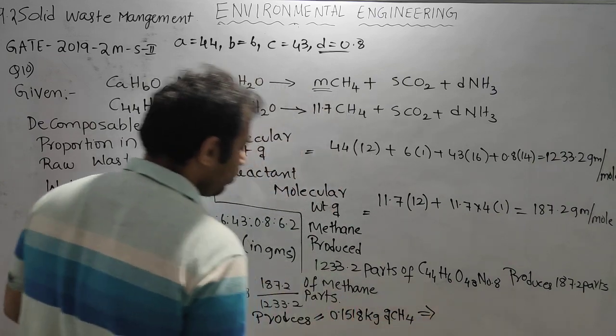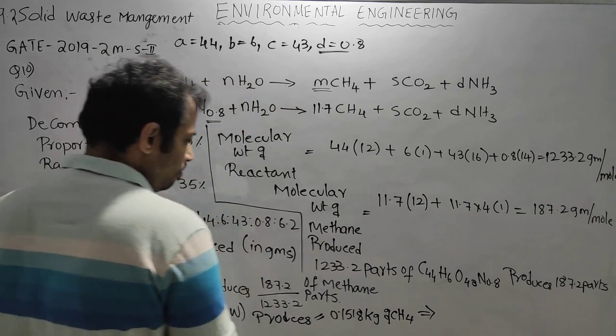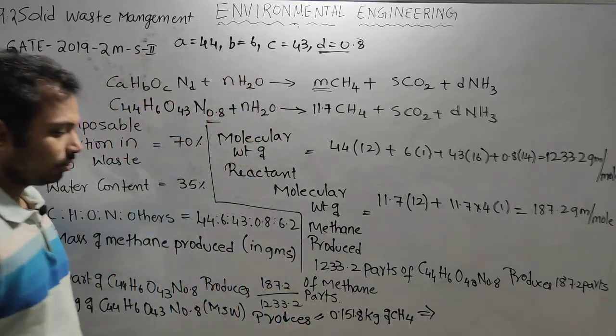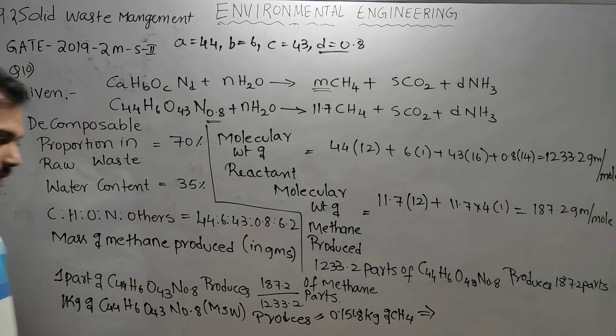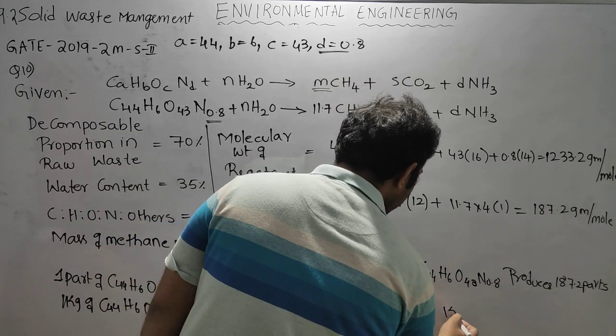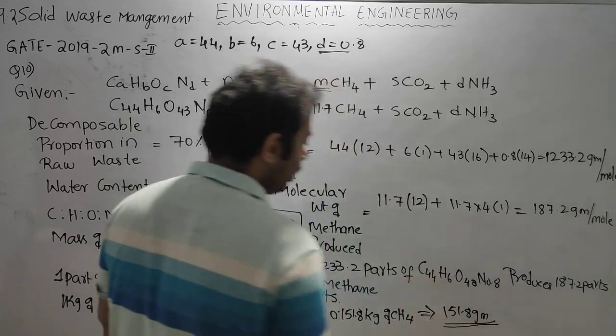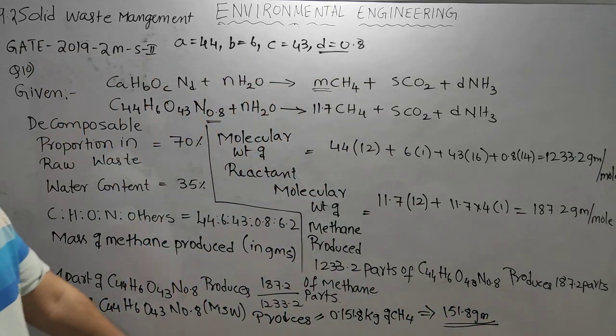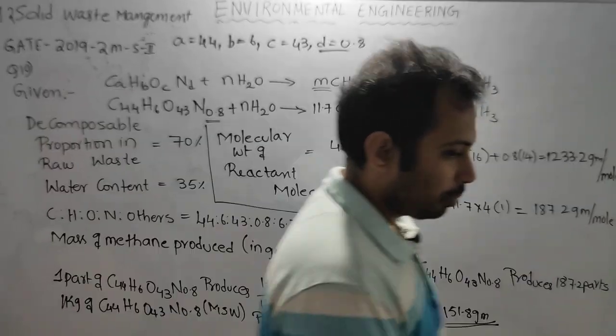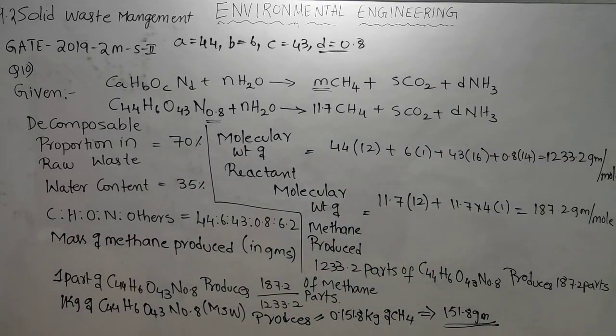He has asked us to find this in grams, so multiply it with 1000, that means 151.8 gram. So this is the final answer: the amount of methane produced for 1 kg destruction of the municipal solid waste. So this last question of municipal solid waste is also completed.